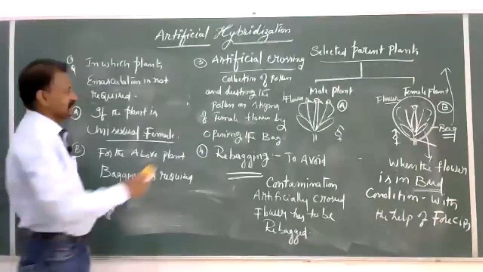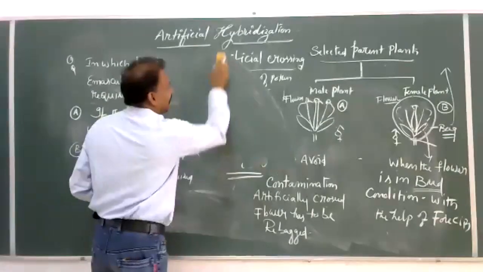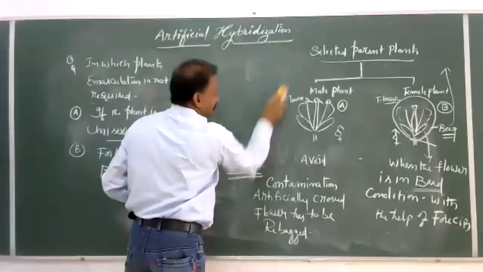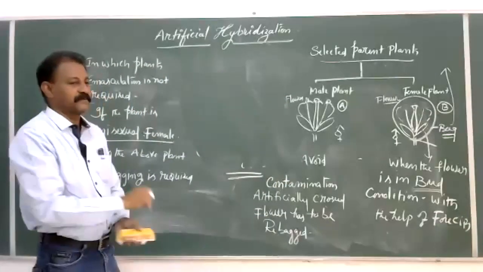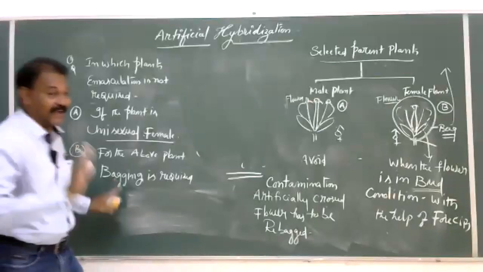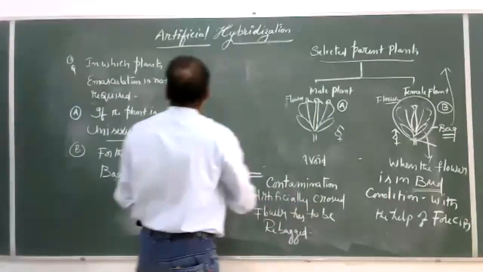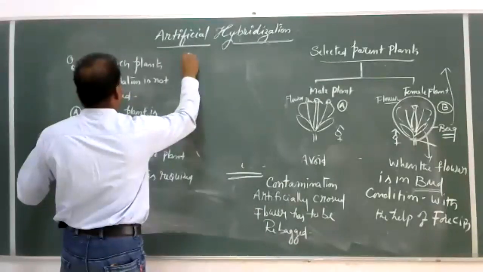Next, in a unisexual male plant, what is required? Both emasculation and bagging are not required in a unisexual male plant.